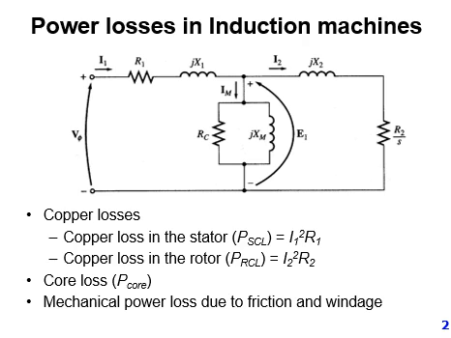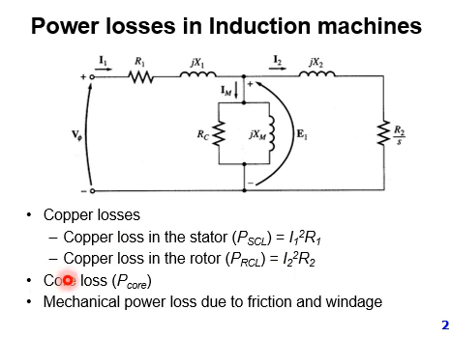So let us see the main reasons for the power losses. First one is copper losses. There are two types of copper losses: stator copper losses and rotor copper losses.